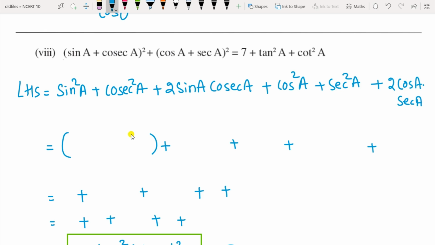Okay. Now this sin square A and cos square A, write in one bracket.